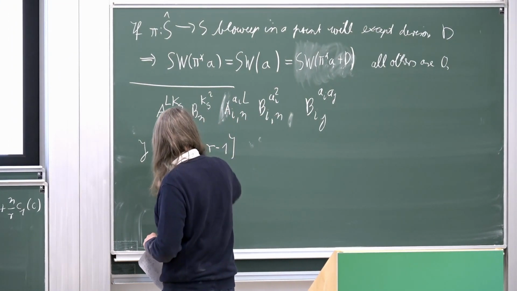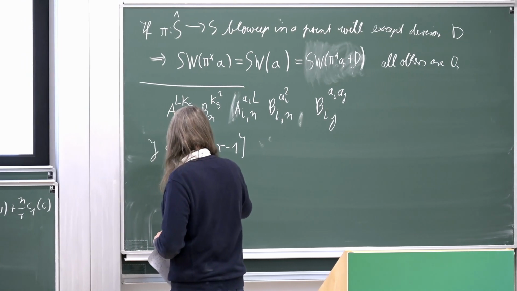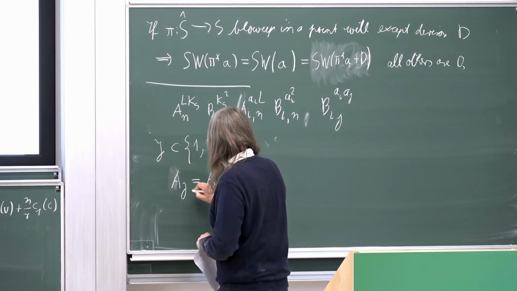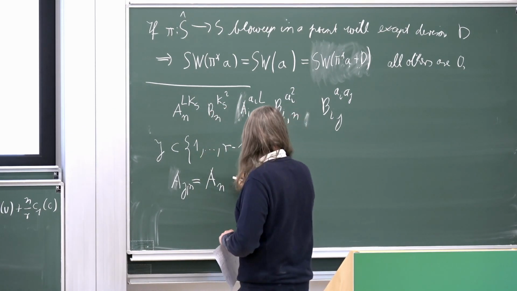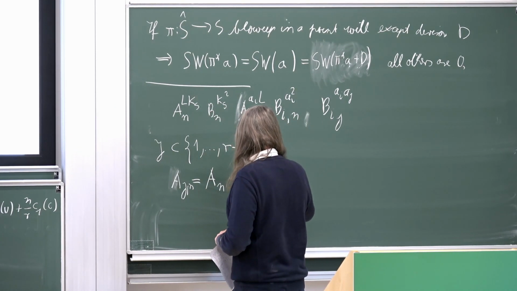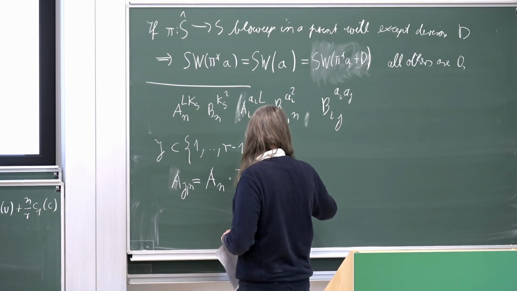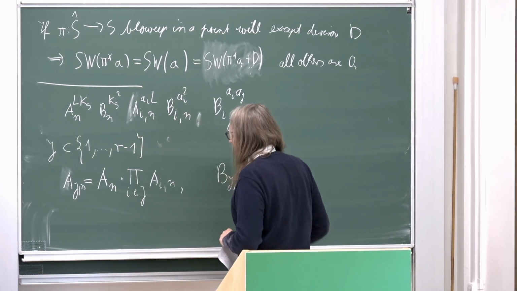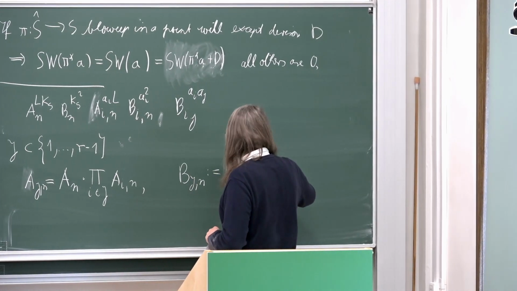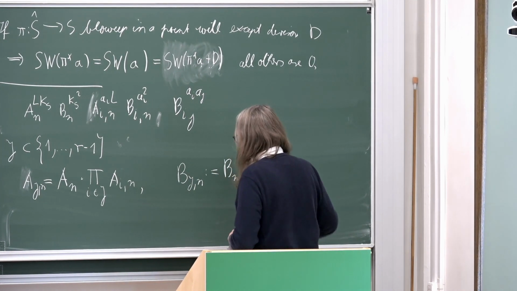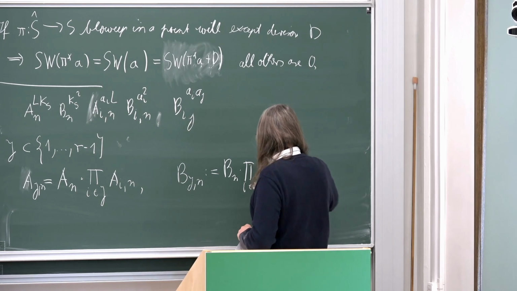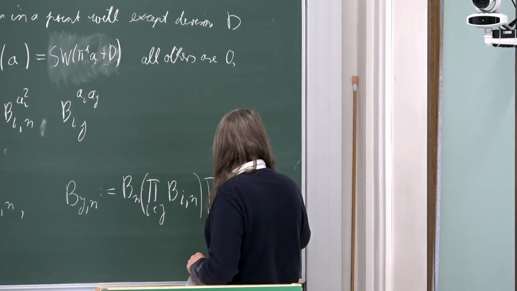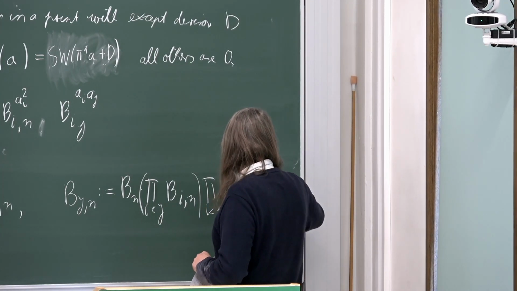I write A_J,N to be A_N times the product over all I in J of A_I,N, and B_J,N to be B_N times the product over all I in J of B_I,N times the product over all I smaller than J in J of B_IJ,N.